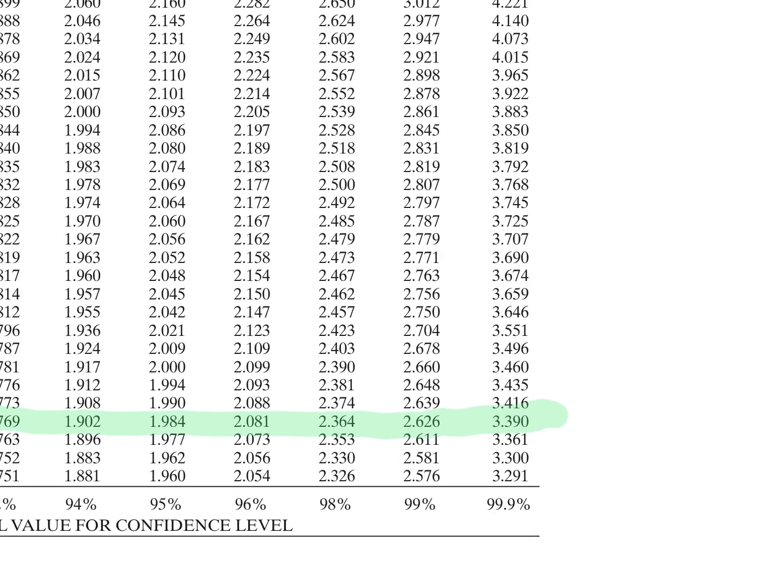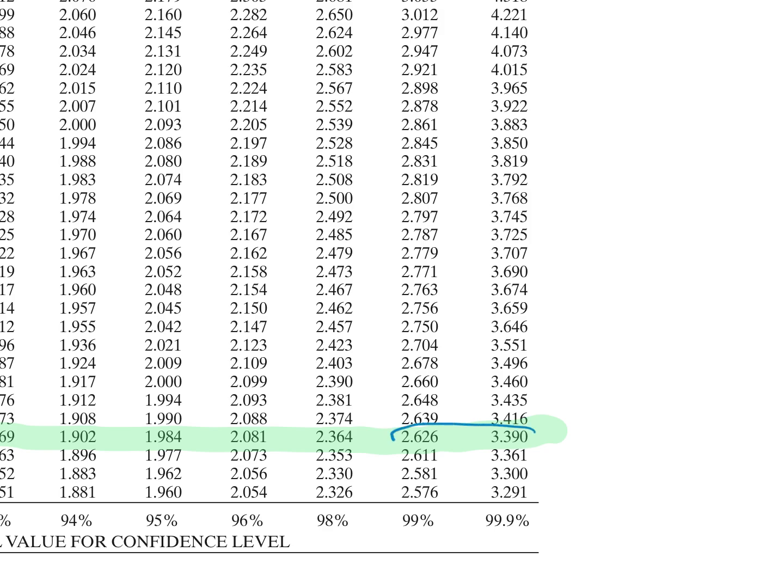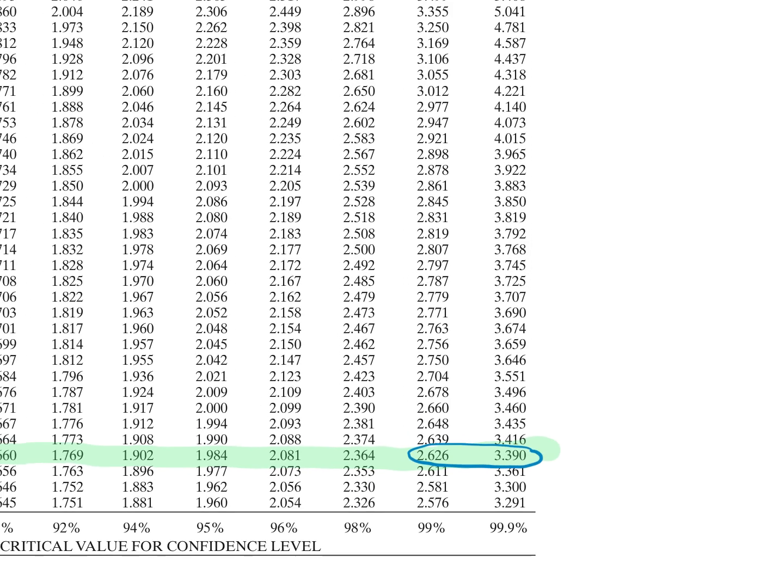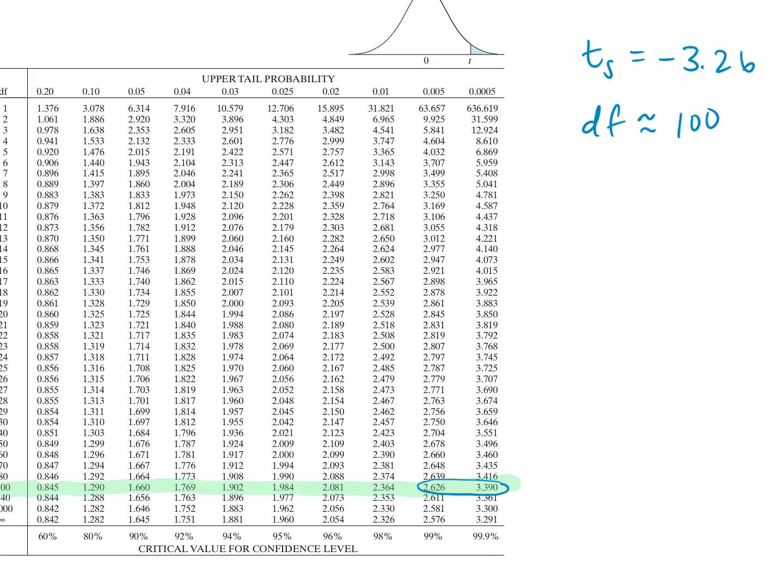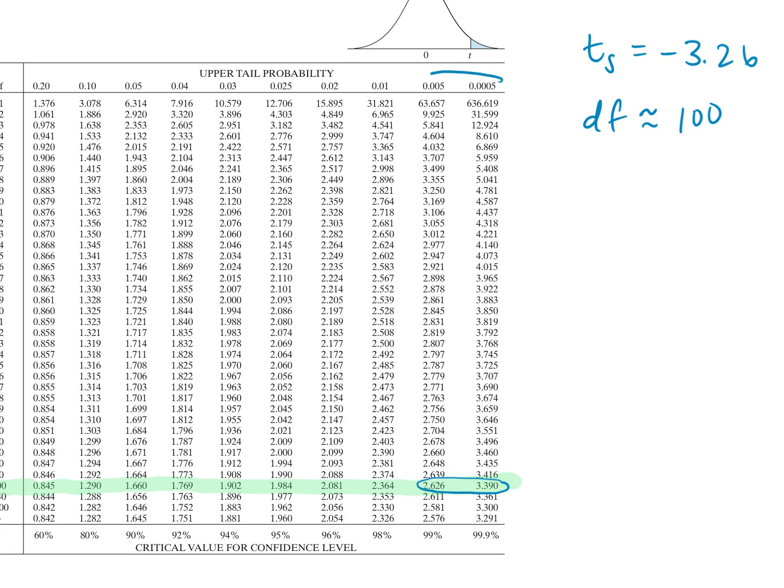And if I zoom in a little bit here, you can see it's going to be between these two guys. And that means that the upper tail probability is between these two values. So what I'm ending up with is that the upper tail probability is between 0.0005 and 0.005.